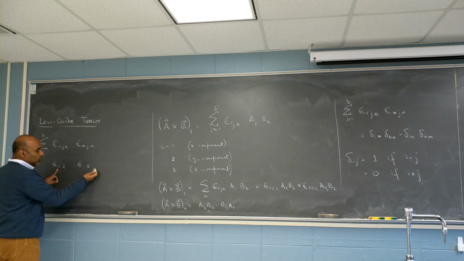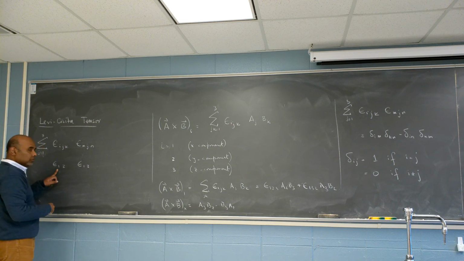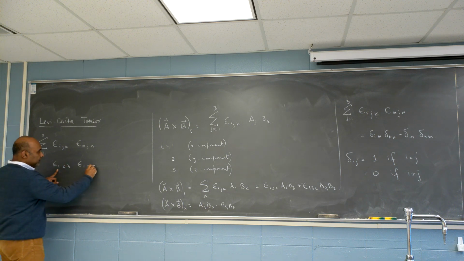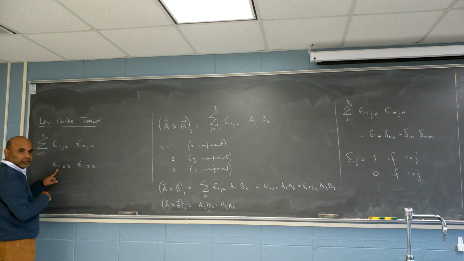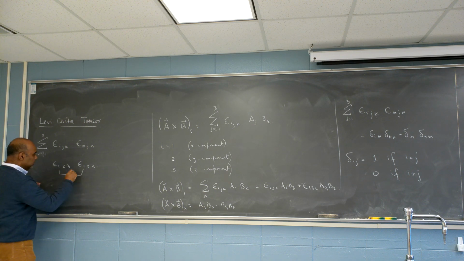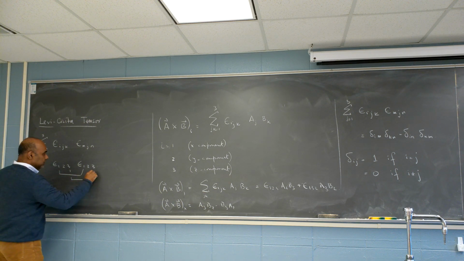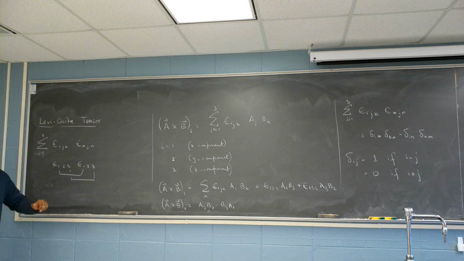Here my choices are what? 1 or 3. Which one do you want to pick? You want to pick 1? Okay, 1. But the moment I do, I'm locked. This has to be 3. So that means this is equal to this, and this is equal to that.